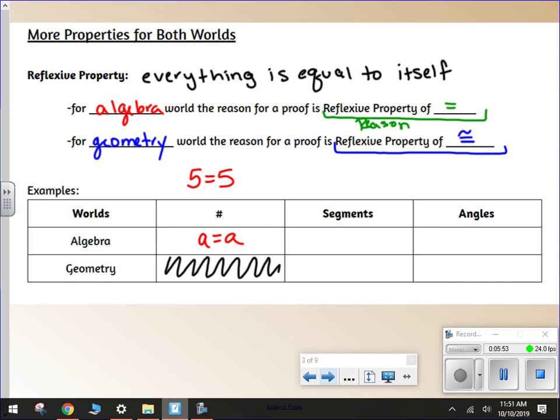Segments: if I want to use reflexive property using algebra, I could say that AB is equal to AB because everything is equal to itself. But as soon as I write it for geometry, I have to put that segment symbol on top, because now I'm using congruent instead of equals.